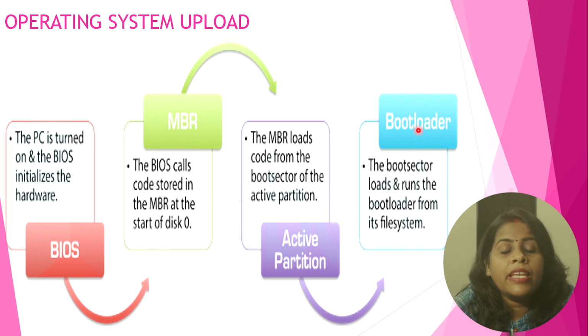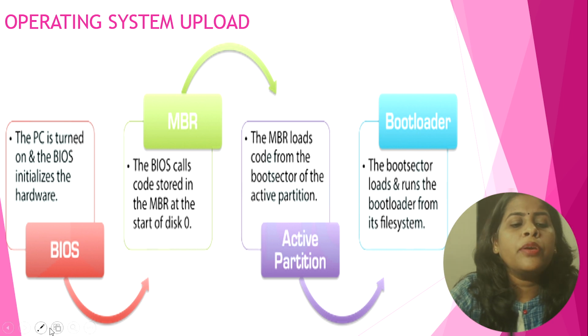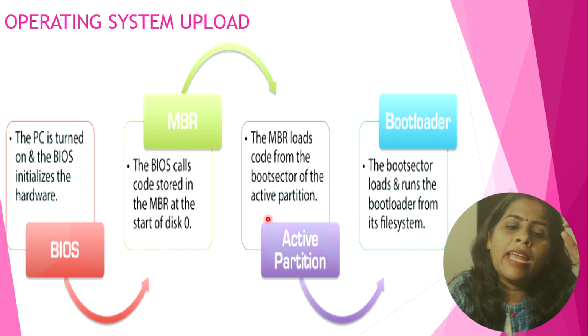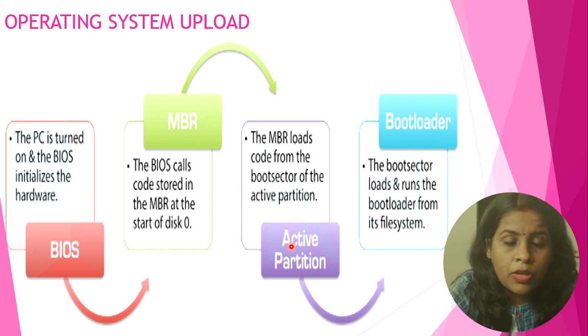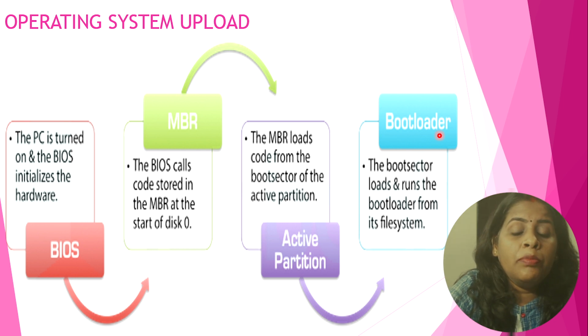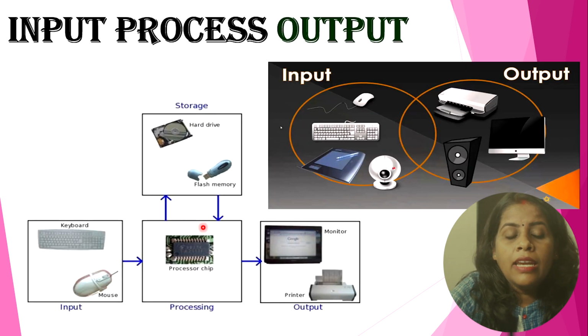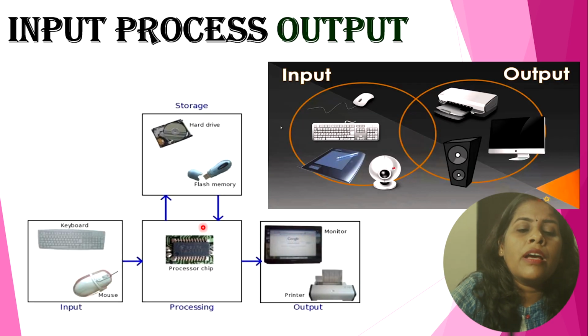This is a little bit high level, but you have to understand that BIOS is loaded, then the MBR and active partition. You can skip it for this time, and then the bootloader. You can understand that then booting takes place. Okay, so this is the process: input, process, output, and we will provide the feedback also.